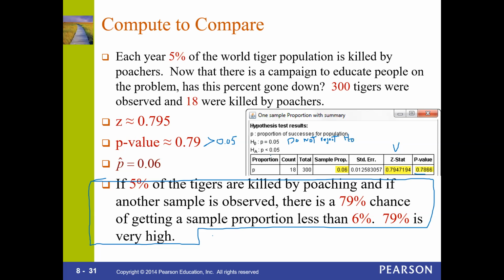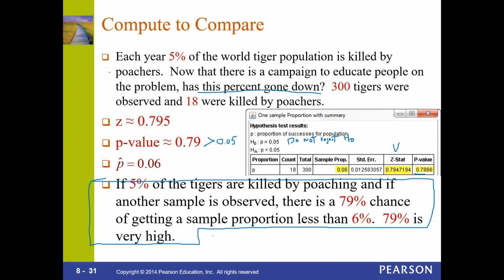You're gonna say we do not have enough evidence. You can say we do not have enough evidence to support the claim. What I want to know is whether now there's a campaign to educate people on the problem, has this percentage gone down? You're gonna say no, it didn't go down, because we have no evidence that it went down based on what we have over here.